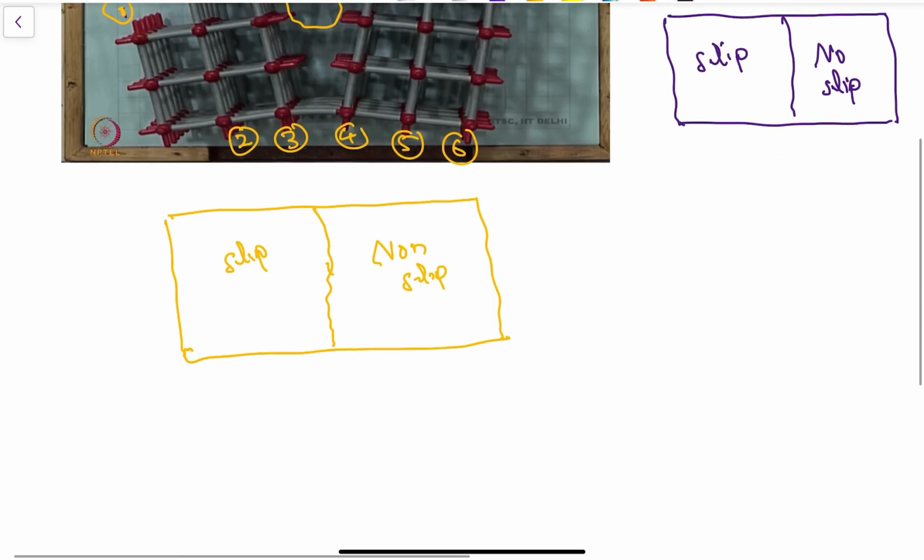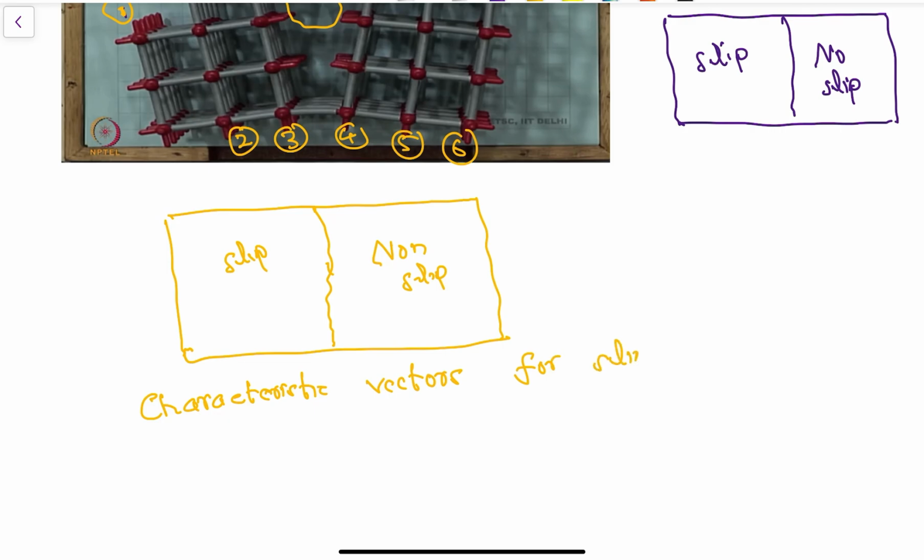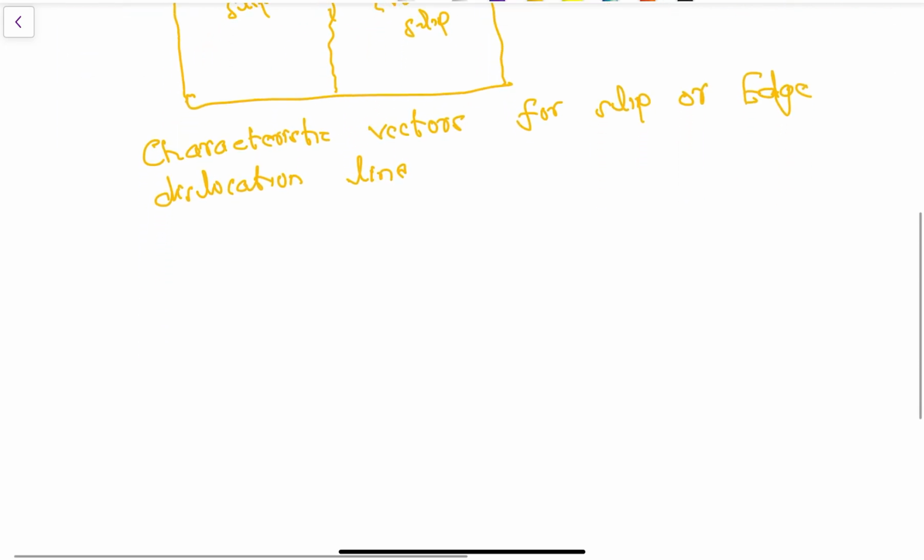Now we want to find what the various characteristic vectors associated with this edge dislocation line are.